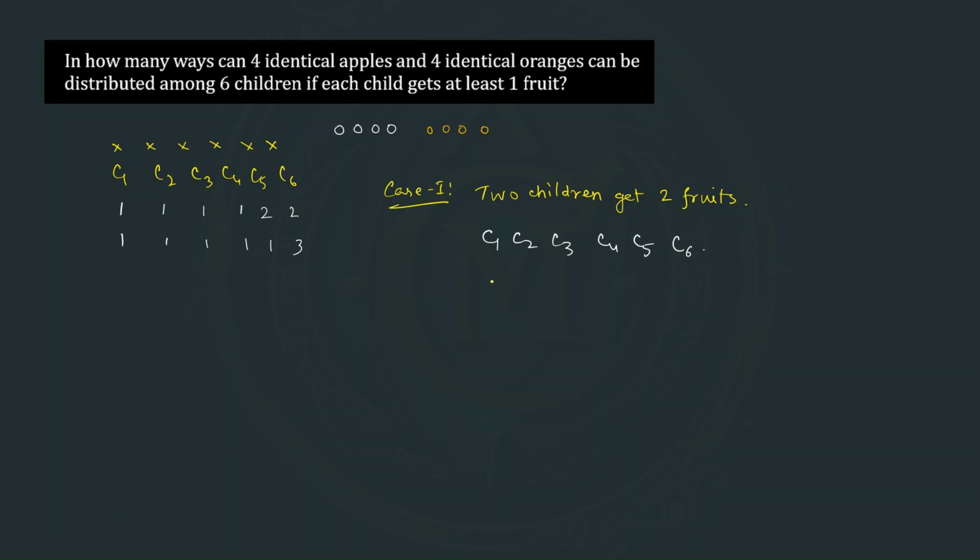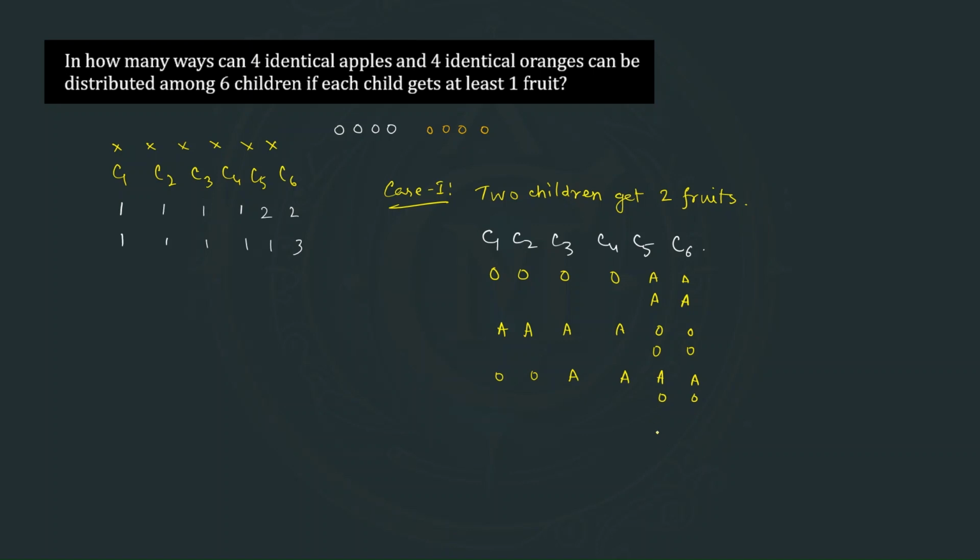So here we can give O, O, O, that is orange, and then here apple, apple, apple, apple. Now we can again mirror this case by taking apple, apple, apple, apple, and then orange, orange, orange, orange. Similarly, we can take this case apple, orange, then apple, orange, and then here apple, apple, orange, orange.